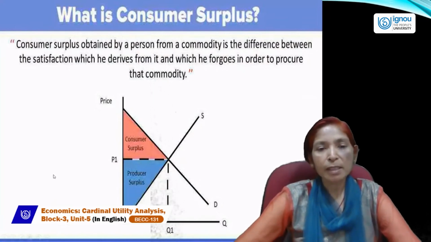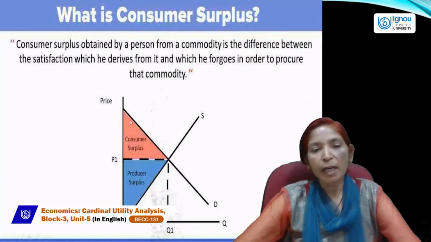Consumer surplus can be explained with the help of this diagram. Here, the downward sloping line is the demand curve and the upward sloping line is the supply curve, where both curves intersect each other. The equilibrium point is determined. At this equilibrium point, the equilibrium price is OP1 and the equilibrium quantity is OQ1. Here, the upper portion is known as consumer surplus. Here, the consumer is willing to pay this much price, but actually he is paying this equilibrium price.